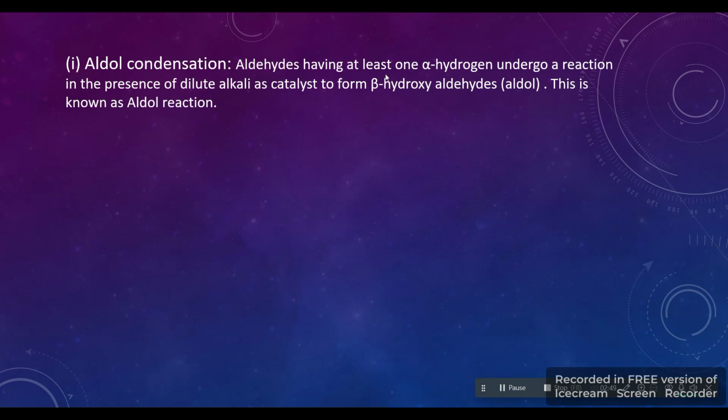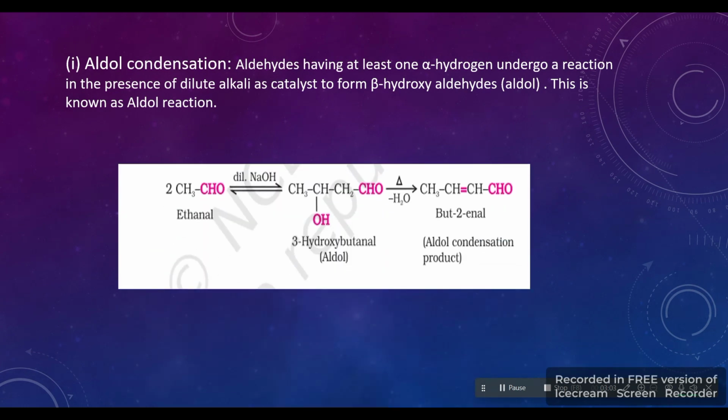Aldehydes having at least one alpha hydrogen undergo a reaction in presence of dilute alkali as catalyst to form beta-hydroxy aldehyde, also known as aldol. This is known as aldol reaction. Okay, here is the reaction. Ethanal is converted into but-2-enal.